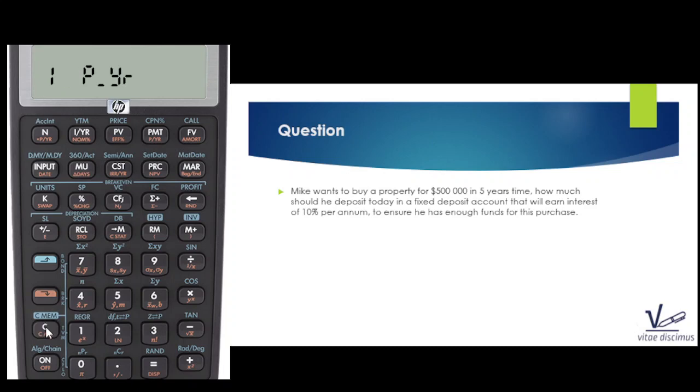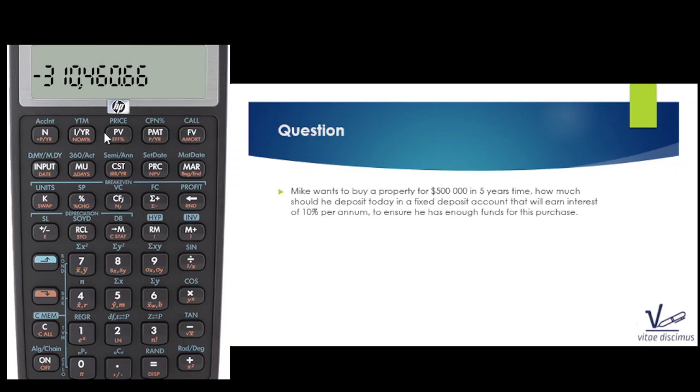After setting our calculator, we then punch in the inputs: 500,000 as an FV, then 5 as our N, which is the period of time, then 10% is our interest, then we compute the present value.